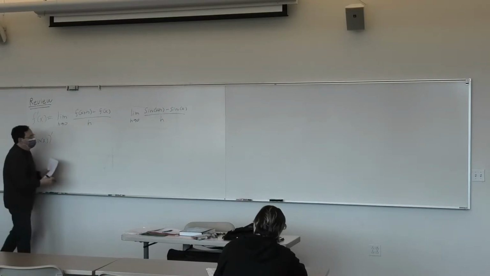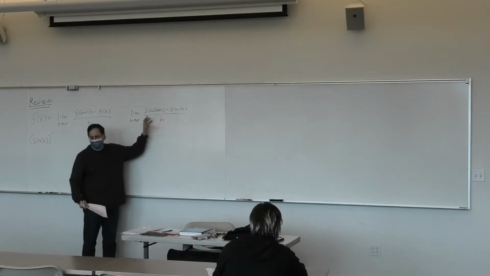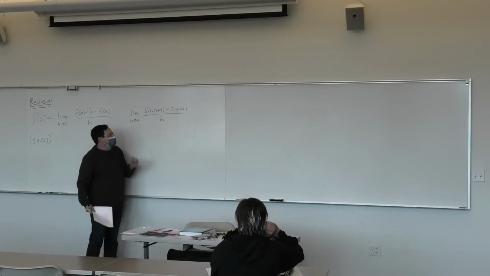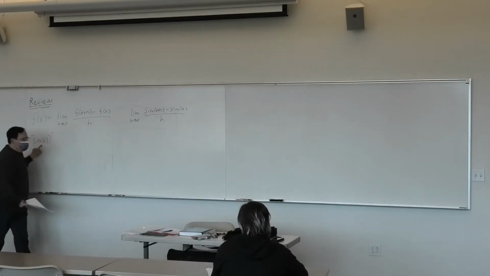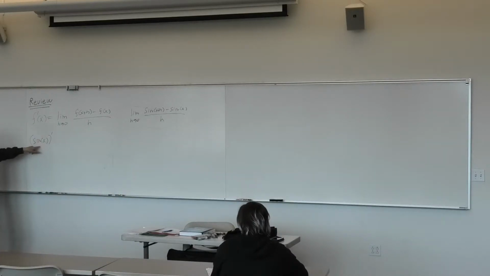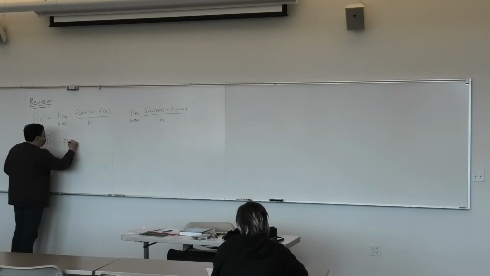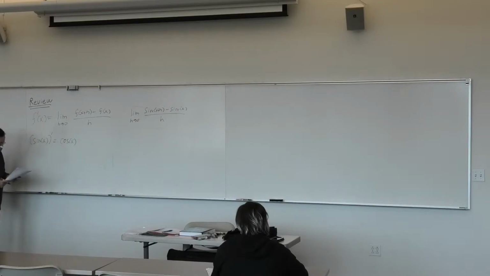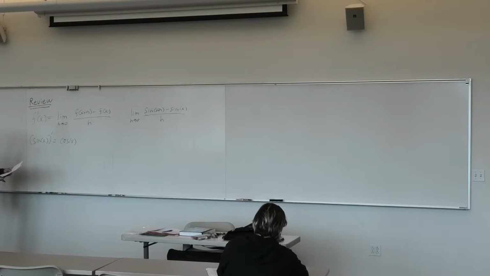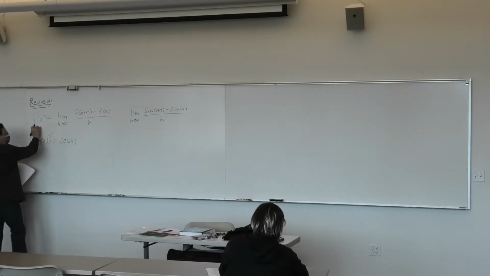So I don't have to go through the complicated derivation of this. I know that the derivative of sine is the cosine. So that's something you should be aware of. I think we had a problem like that on one of the midterms.